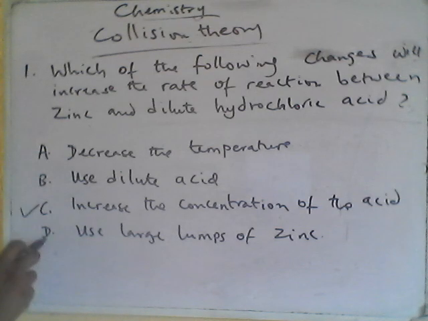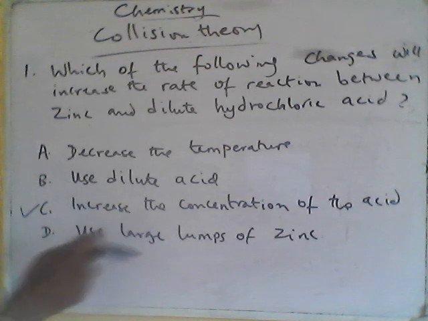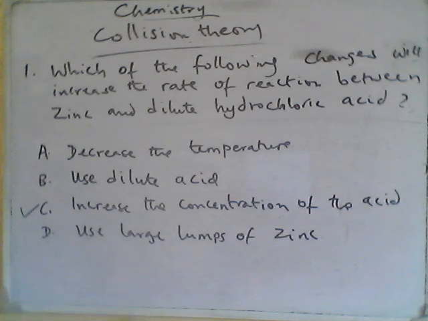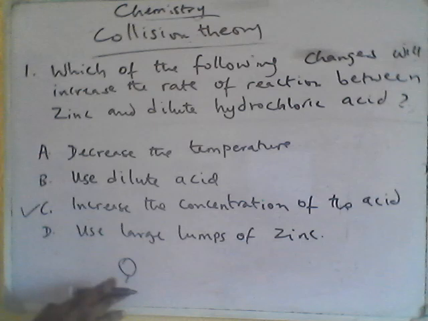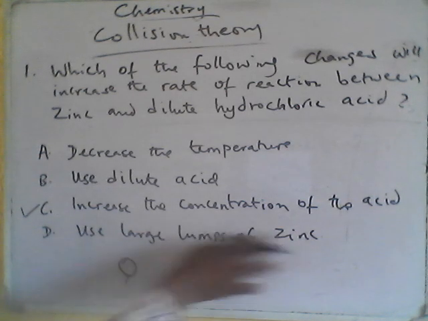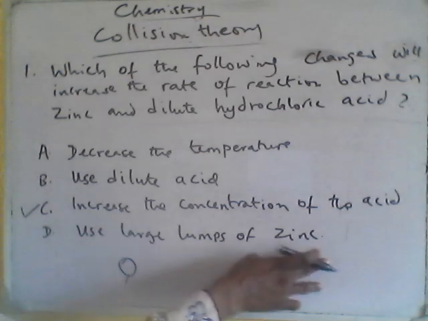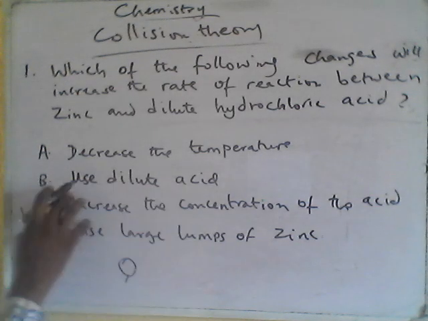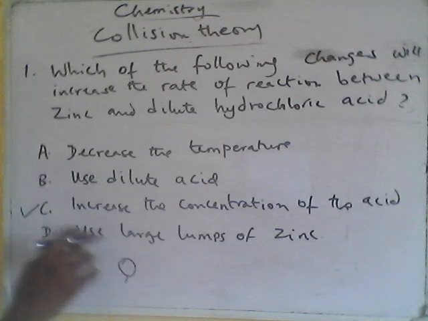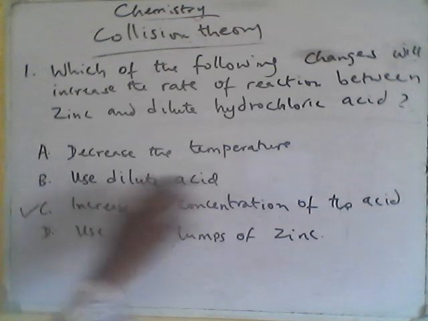And if you use a large lump of zinc, you will decrease the surface area. Understand? If you are using lumps of zinc, you are going against the surface area advantage. Instead, you will use powdered zinc so that you can increase surface area. This is correct. And if you use dilute acid, you are going against concentration. So if you use concentrated acid, it's better.